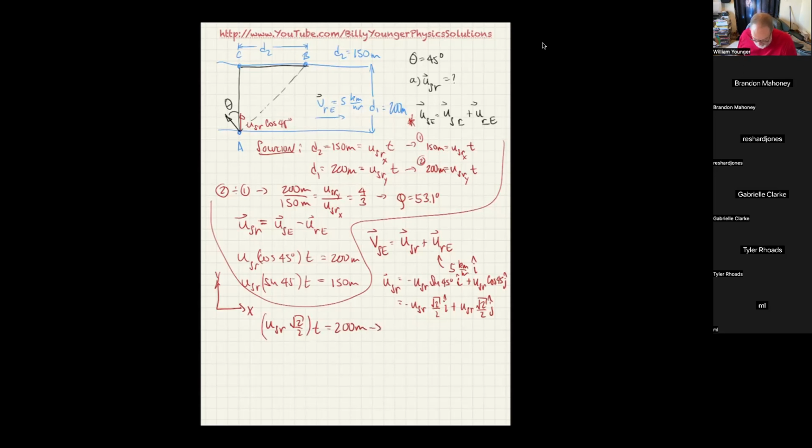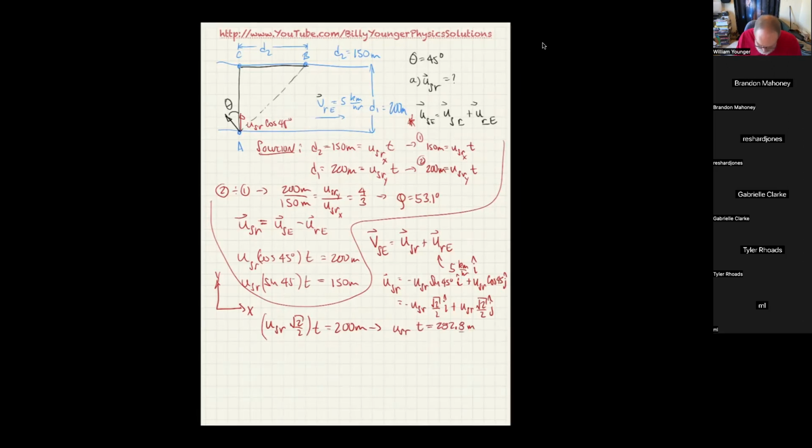So if we do that, we can get 200 times 2 and then divided by the square root of 2. And that gives me 200, that gives me U_SR times T is equal to 282.8, carrying one extra sig fig, and that is meters.